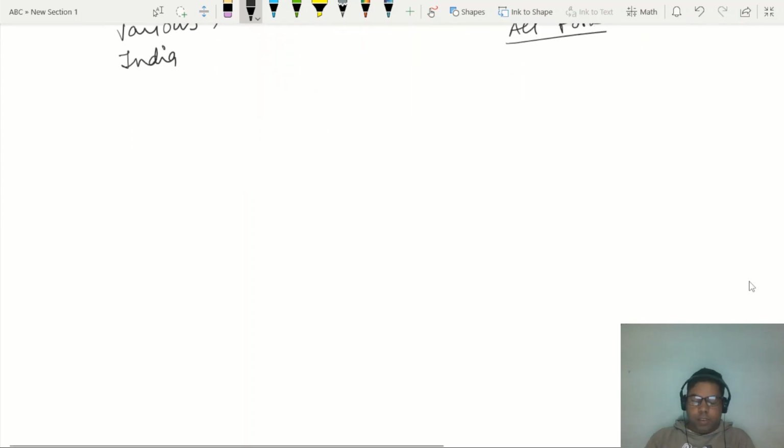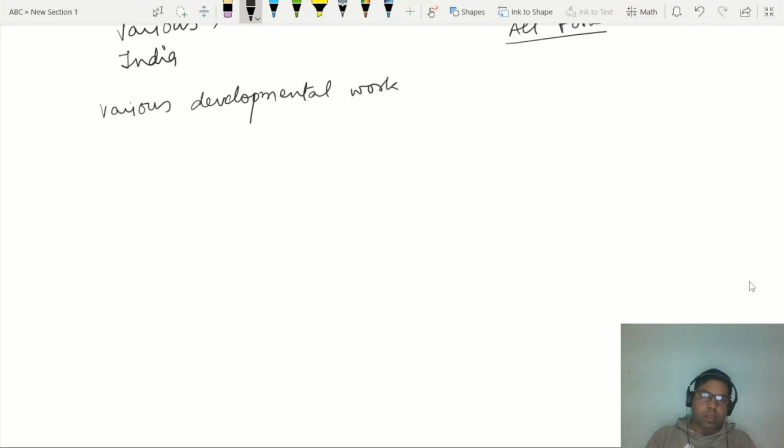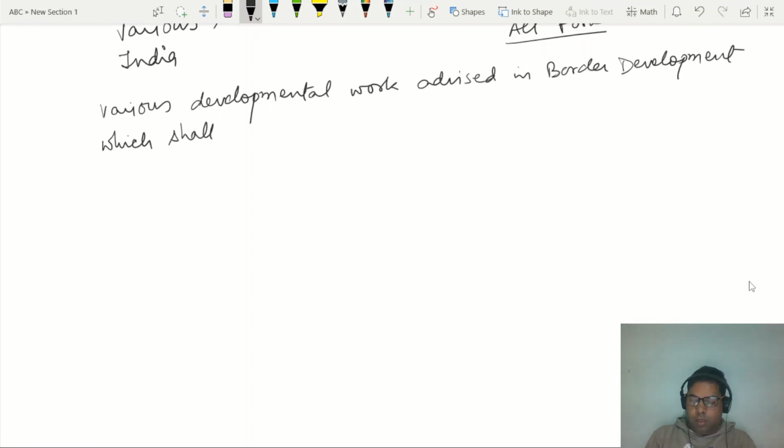So then at last, various developmental works have been suggested or advised in border development, which shall be funded by the Ministry of Finance.